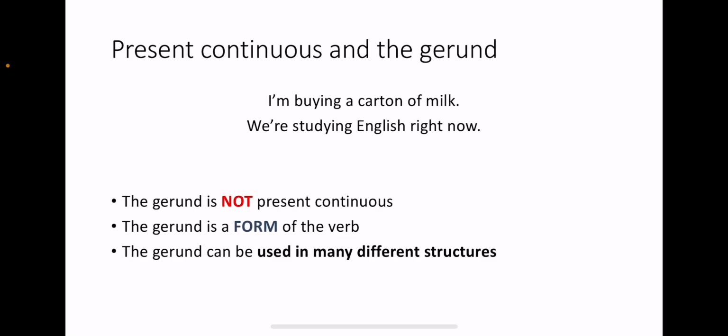So let's check what are those different structures in which we can use the gerund. The first one is the continuous or progressive forms: present continuous, past continuous, future continuous, present perfect continuous, etc. All the continuous or progressive tenses. But there are other ones.